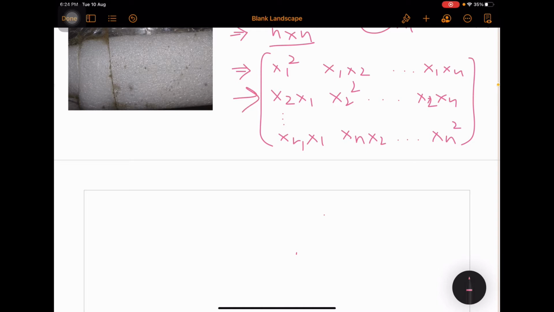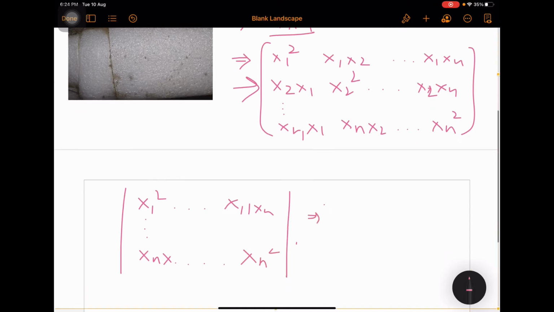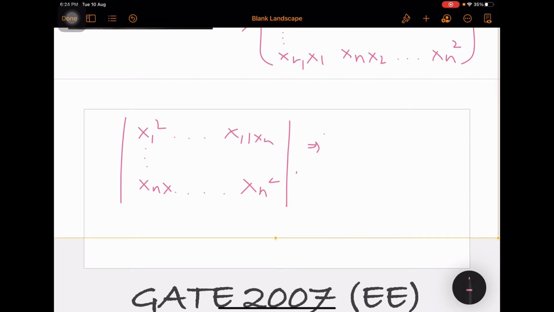For the determinant, if we take out x1 common from the first row, we will be left with 1, x2, and last term was x1 into xn, so xn will be left.